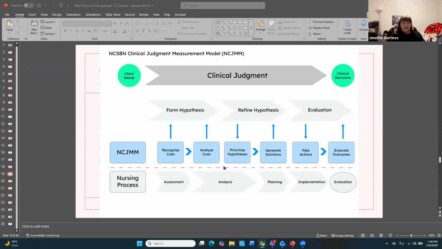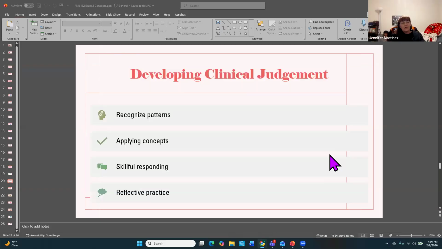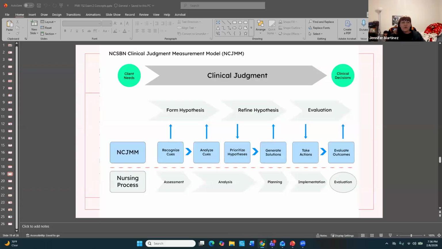Your NCSBN clinical judgment model. When you look at your NCLEX, how they build the NCLEX, and what they are looking at when they're asking the questions, they're using the clinical judgment model.